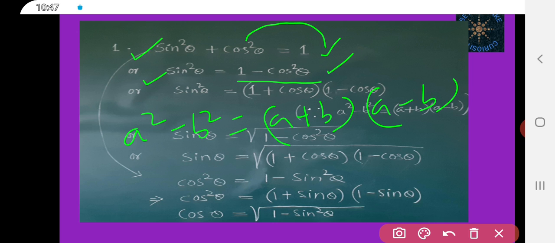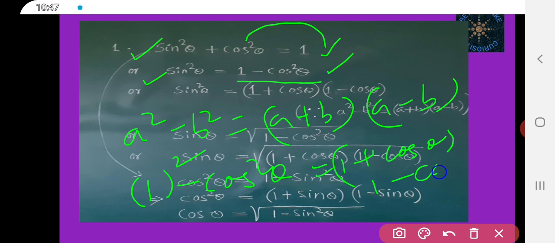Here 1 minus cos square theta means 1 square minus cos square theta, that is equal to 1 plus cos theta into 1 minus cos theta.